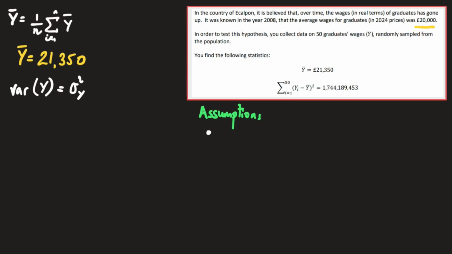The key assumption I'm making is that because we've been told that the observations are randomly sampled, we might assume that the observations are IID.